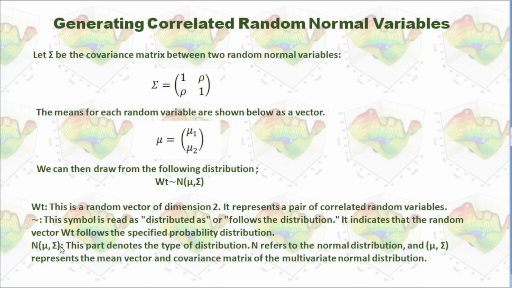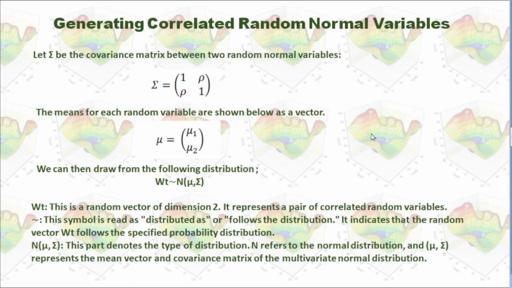And this N(mu, sigma) denotes the type of the distribution. N refers to the normal distribution, and mu and sigma represent the mean vector, this mu, and covariance matrix of the multivariate normal distribution.